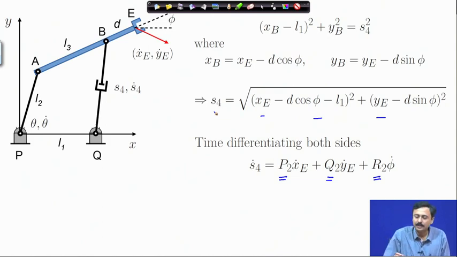This is going to be a little complicated, but it is otherwise straightforward. There will be a little bit of algebra involved. The steps are straightforward: you just differentiate the expression of S4 with respect to time.